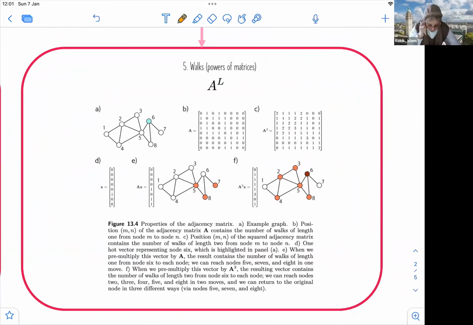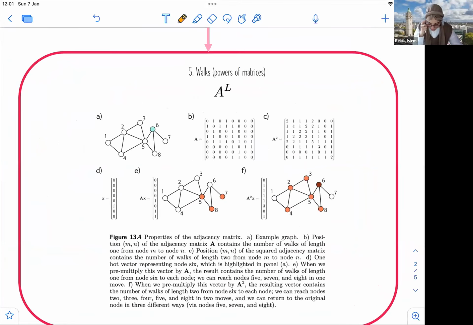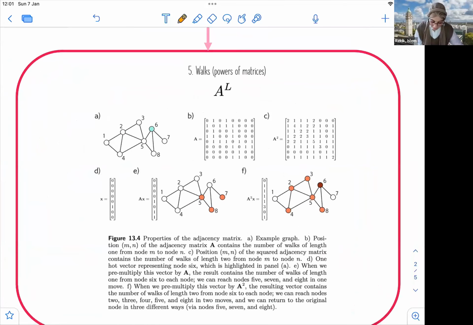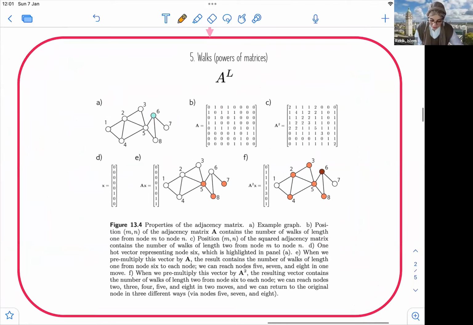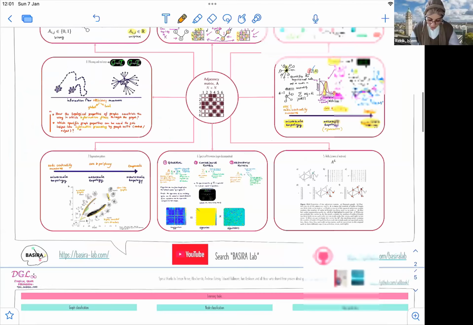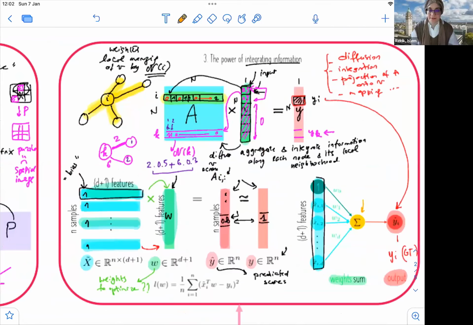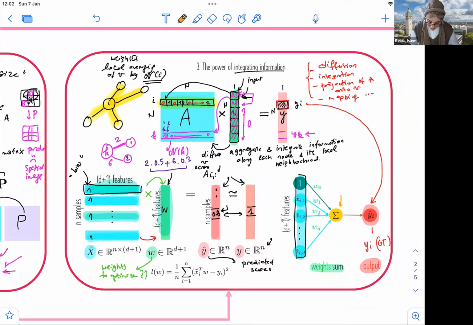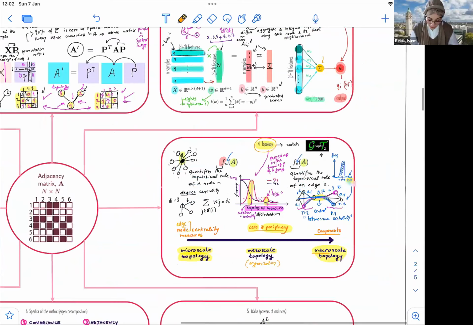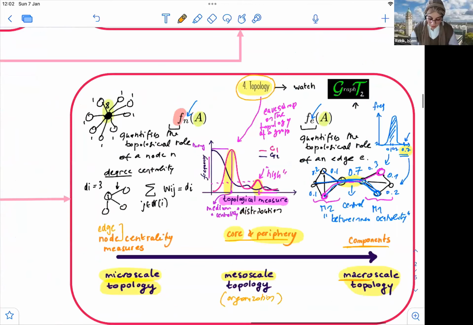This is actually a very powerful property of the adjacency matrix. So far we have seen that matrices have the power of integrating information. We have seen that they also tell us a lot about the topology.